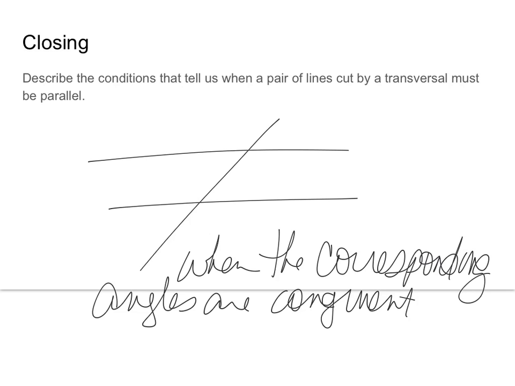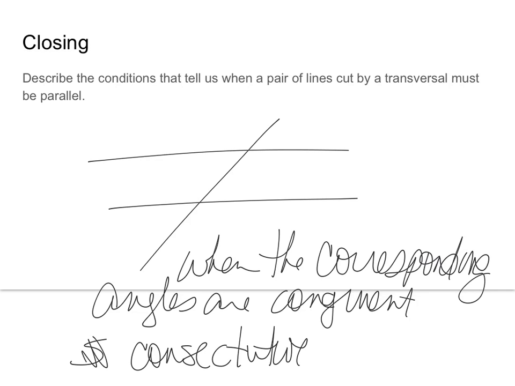That's not a G. Or when the same side, we're going to call them consecutive interior, when the same side interior angles equal 180 degrees. Okay, that's what we learned today. Nice work.